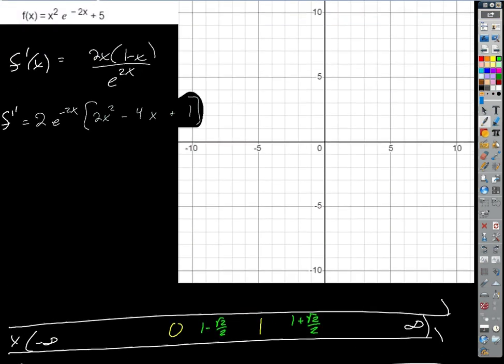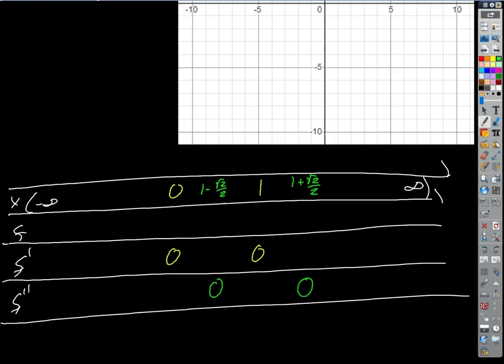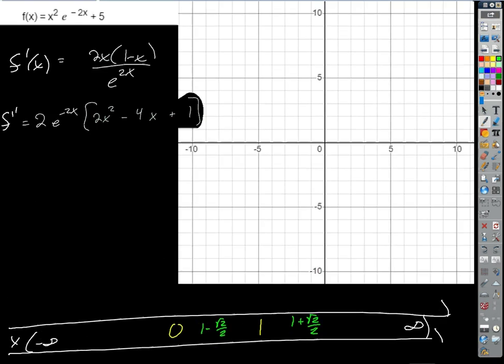So, if we want to evaluate our second derivative at 0, that's easy to do. We can plug it in right here, right? So f double prime of 0 is going to give me 2 times e to the 0, anything to the 0 is 1. So I'm getting positive times positive, because those go away.